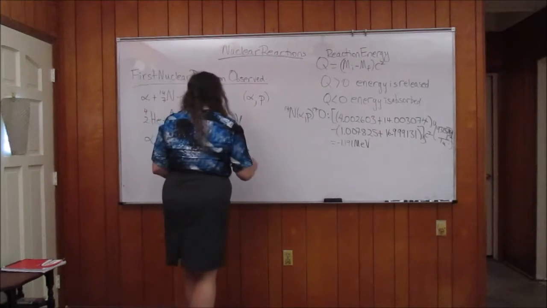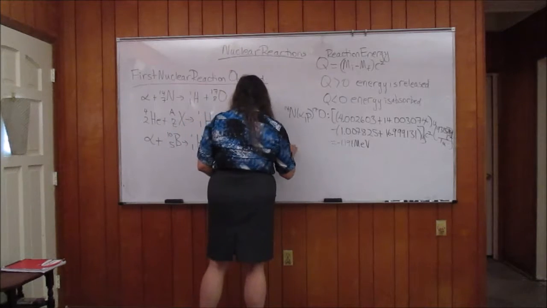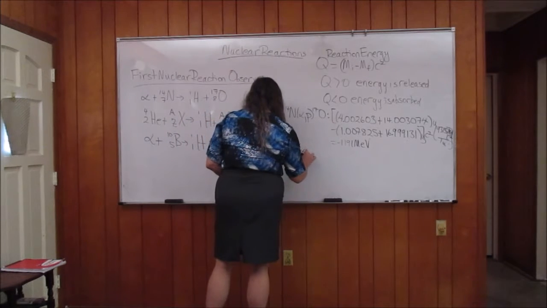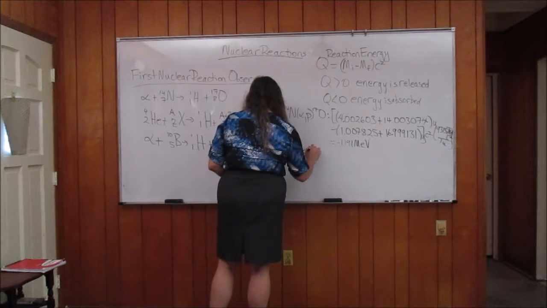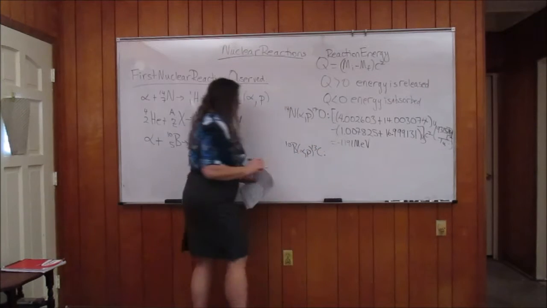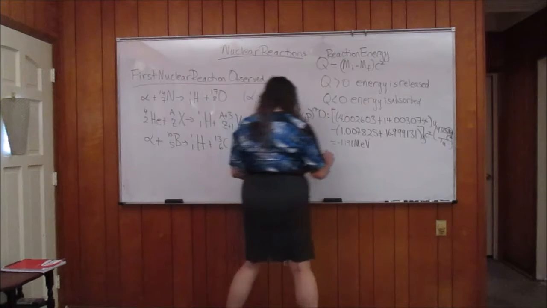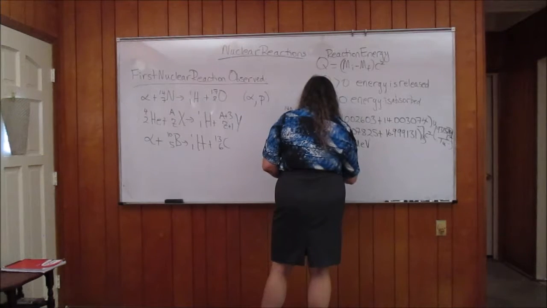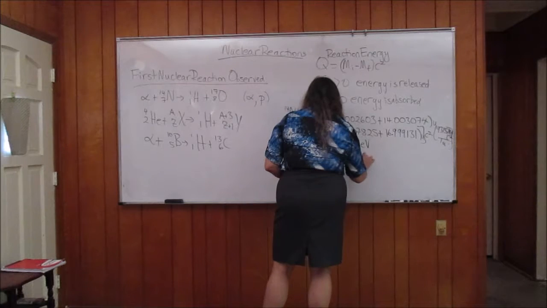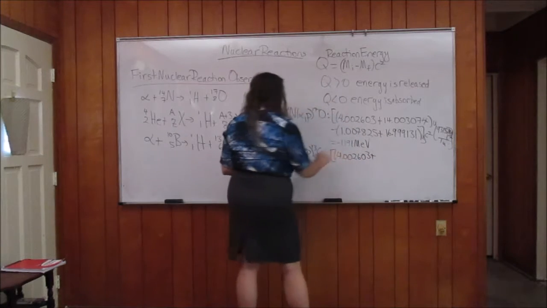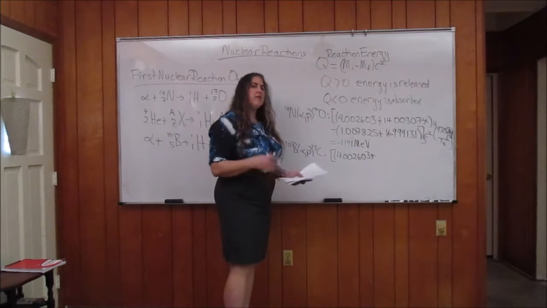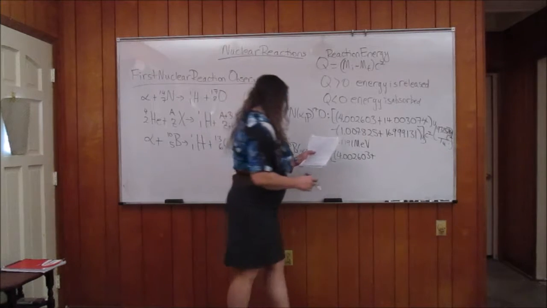Now, if I consider the second reaction, involving boron 10 and producing a daughter nucleus, carbon 13. So once again, the mass of the helium atom is 4.002603.